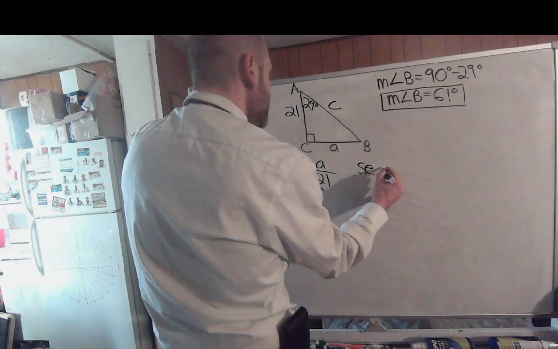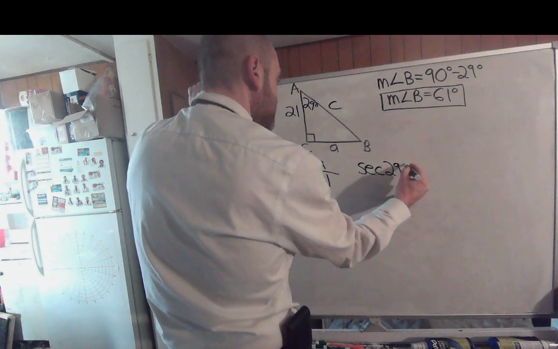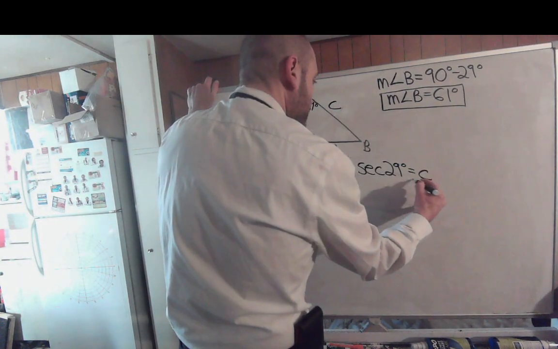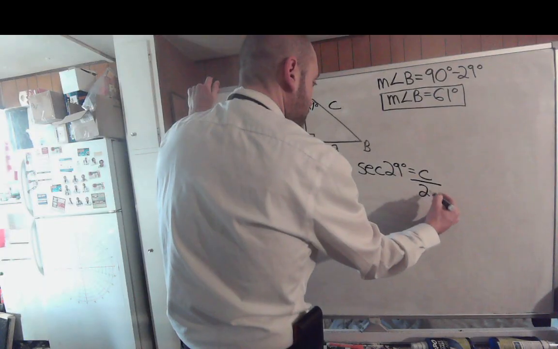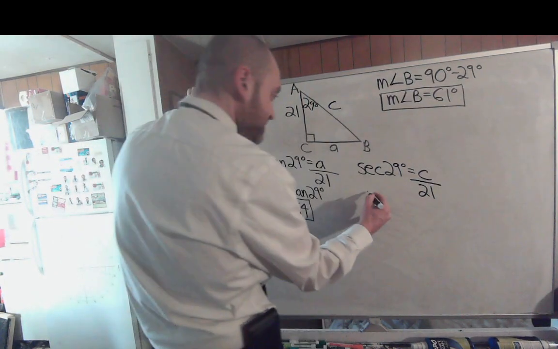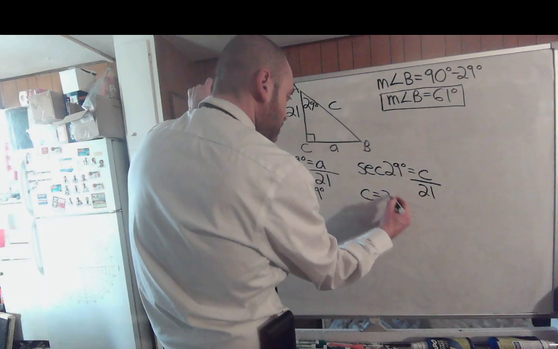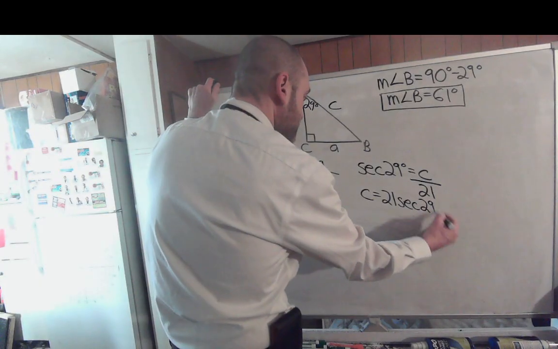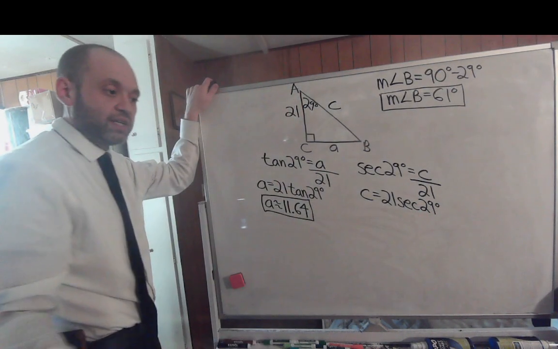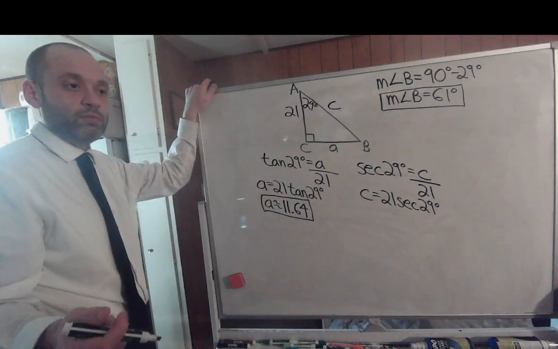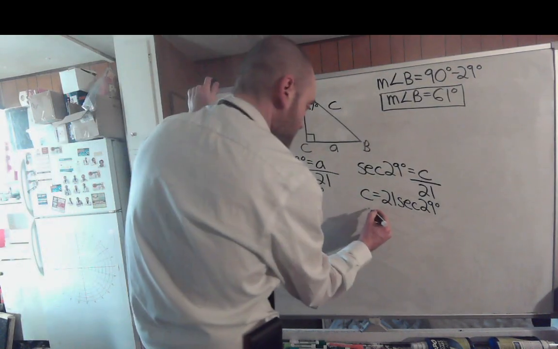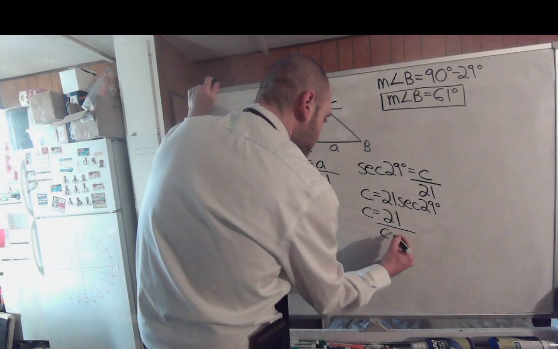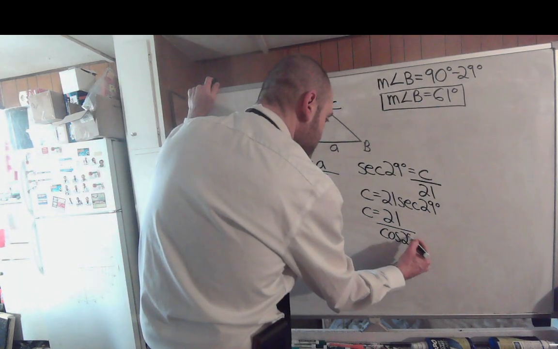If you take the secant of 29 degrees, that's going to equal your hypotenuse of C over your adjacent side of 21, which means C would equal 21 times the secant of 29 degrees. But in order to be able to calculate secant, we have to make it in form of its reciprocal function, cosine. So that means C would equal 21 divided by the cosine of 29 degrees.